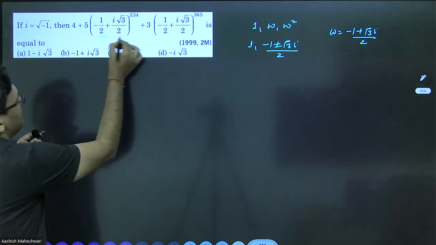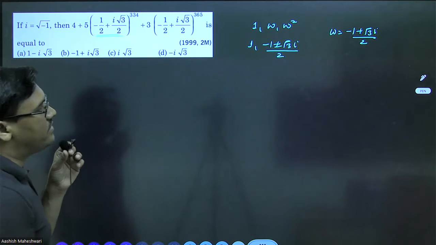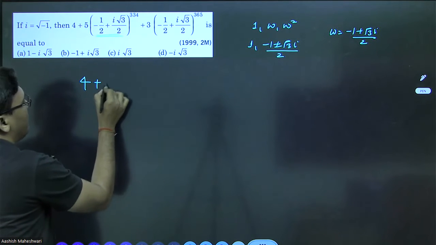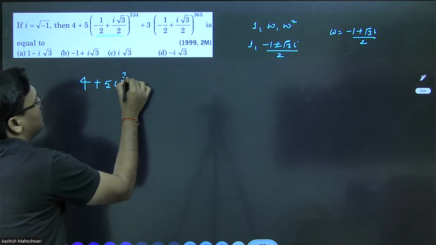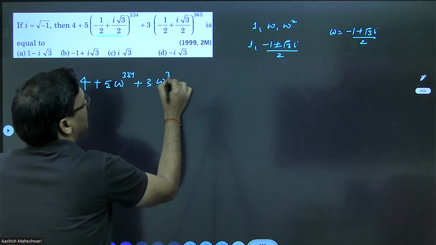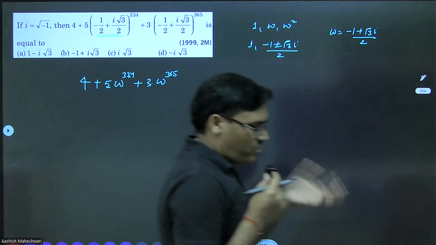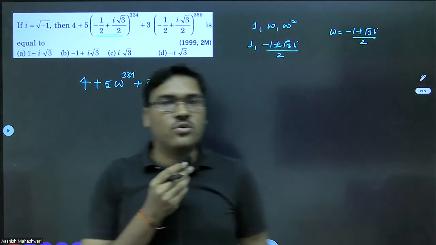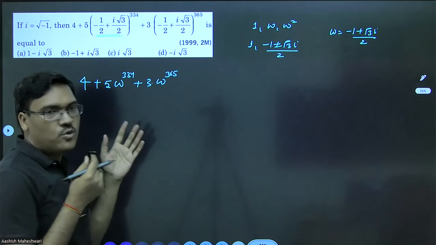So this expression, minus 1 by 2 plus iota root 3 by 2, is omega. If you have to simplify this, you can use the properties. This is omega raised to 334, and this is 3 omega raised to 365. So if you have this type of expression with minus 1 plus root 3 iota upon 2 and minus 1 minus root 3 iota upon 2, you can always use the concept of cube roots of unity.